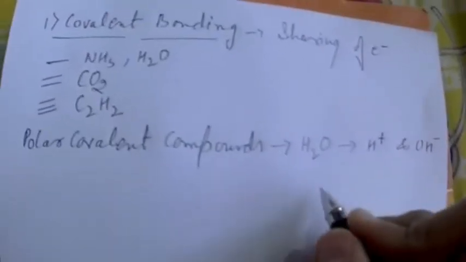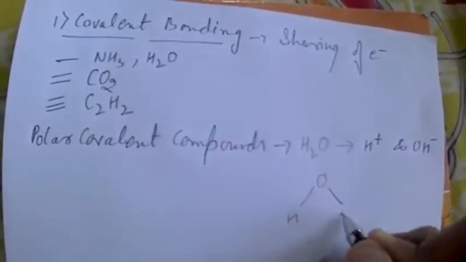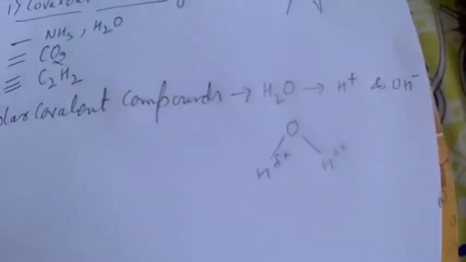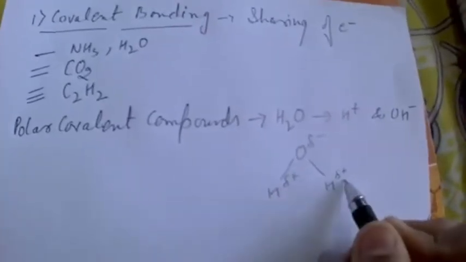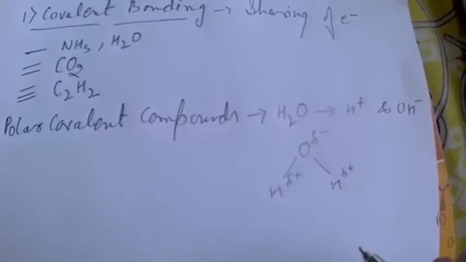Its structure is like this: O, H, and here also H, and here we make delta positive, or you can say slight positive, and slight negative on the oxygen end. These are 2 slight positives and this is slight negative.